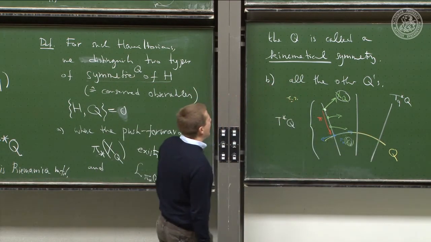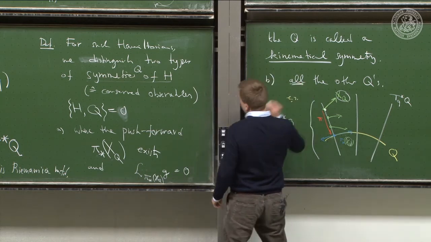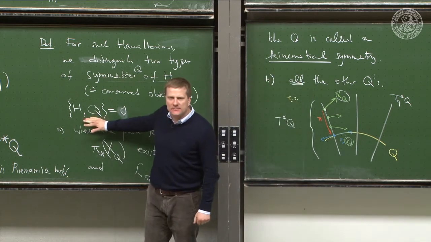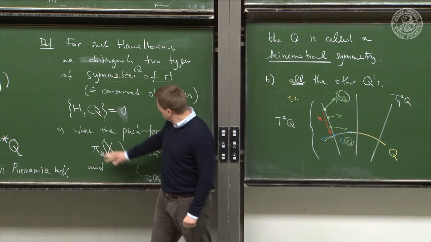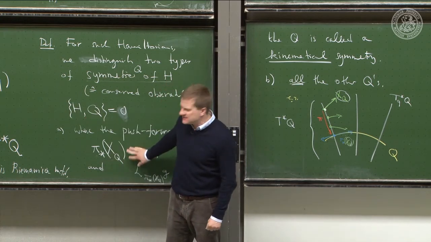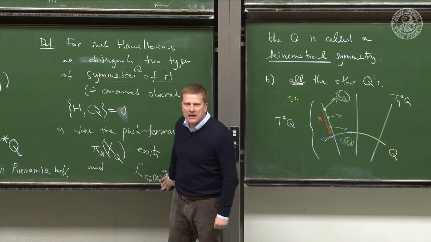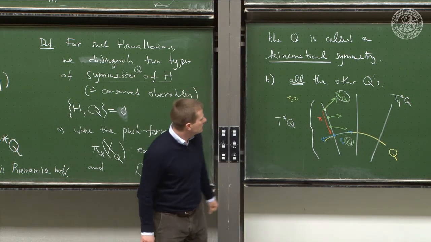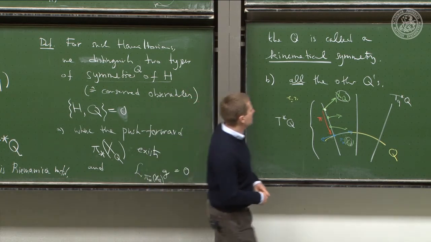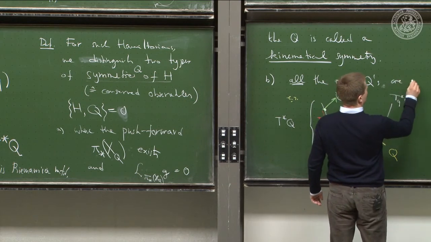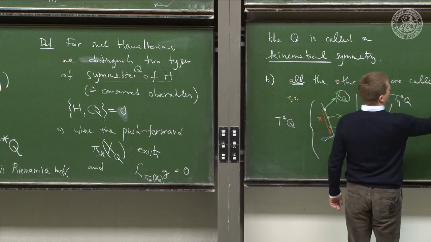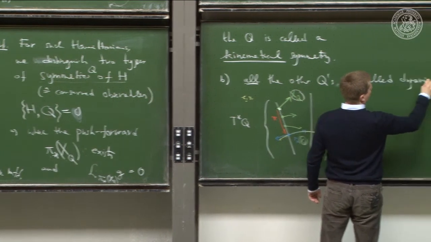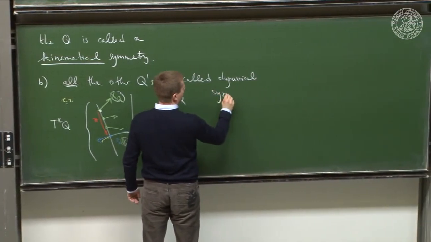Okay. And all the other conserved quantities we find in classical mechanics, where, for instance, this guy doesn't even exist, and we don't need to check more, are called dynamical symmetries.